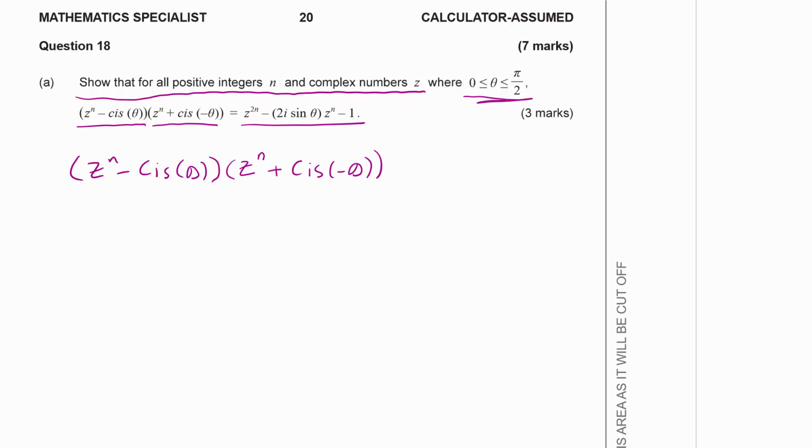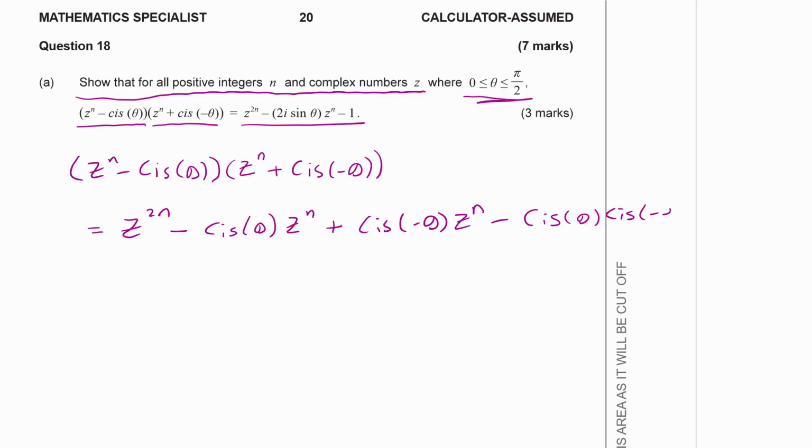So let's expand out. So we've got z to the 2n, take away cis theta z to the n, plus cis negative theta z to the n, take away cis theta cis negative theta.